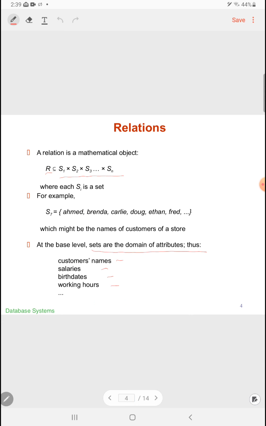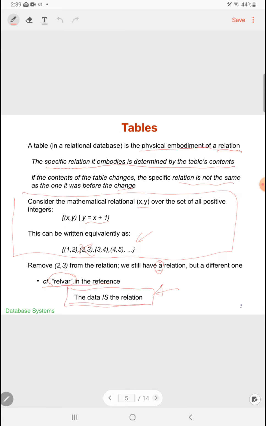The schema is equivalent to the cross product, except without the actual cross product calculation. It simply determines what the possible set of relations are. Okay? The actual relation is determined by the data in the database.